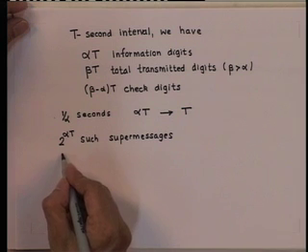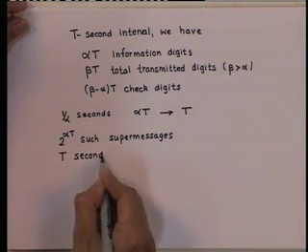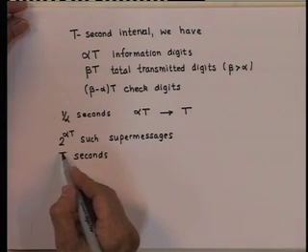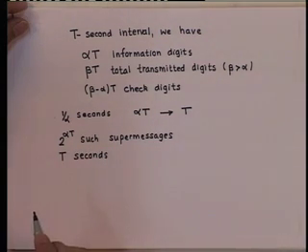Thus, every t seconds we need to transmit one of the 2 raised to alpha t possible super messages.